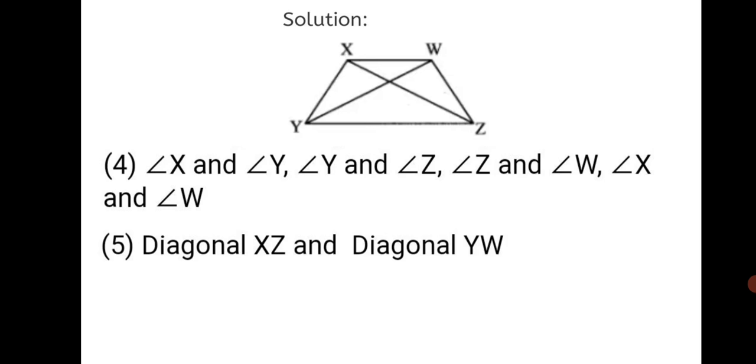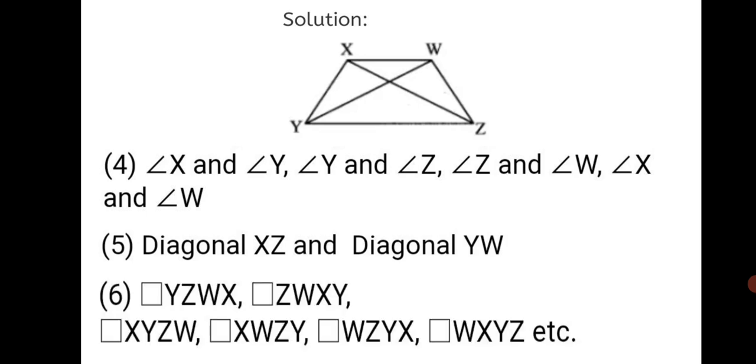And last, we have to write the name of the quadrilateral in different ways. So there are 8 possible ways. We'll write a few. Quadrilateral YZWX. Second, quadrilateral ZWXY.